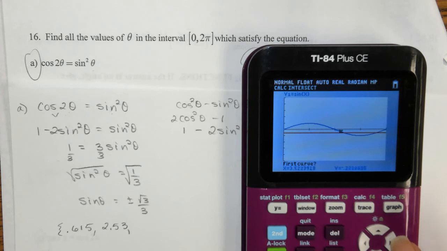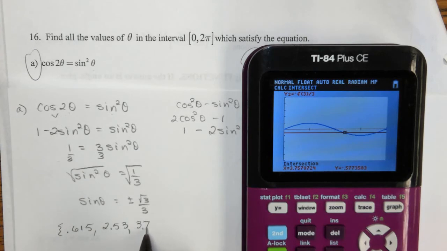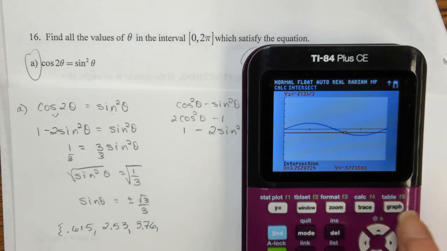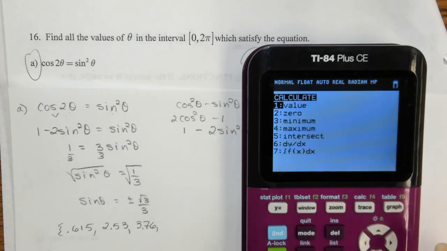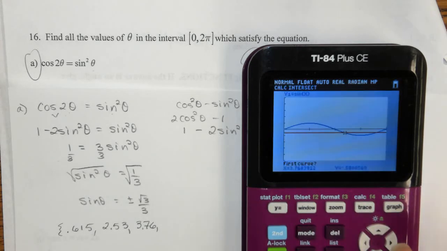So we can just continue on here. And our next solution is 3.76. And then for our last one, 5.67.